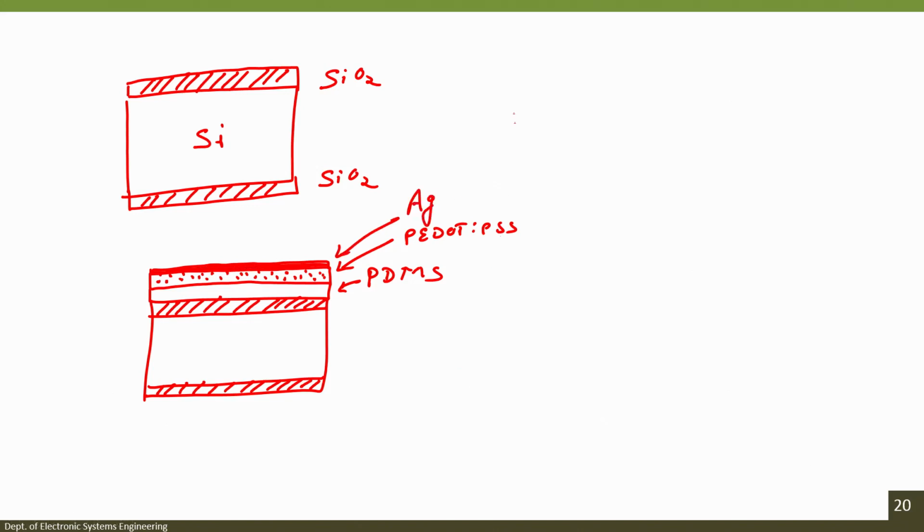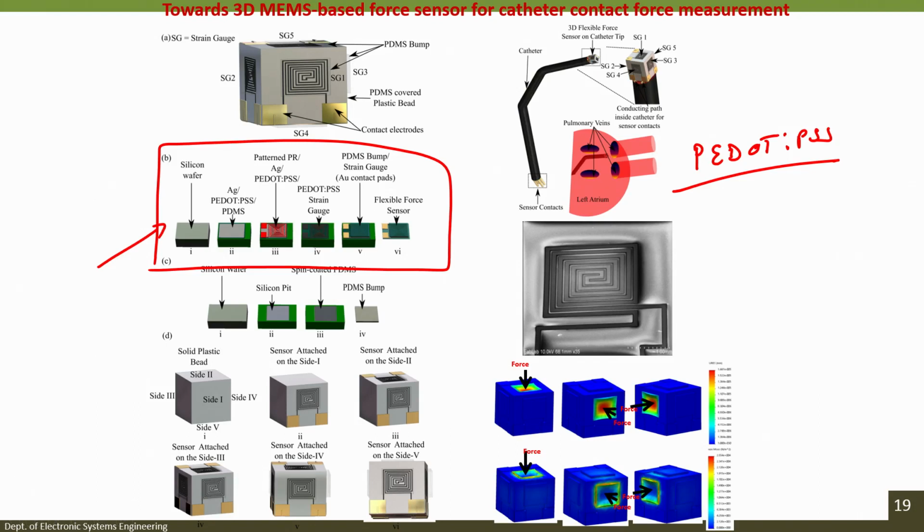So, what we have written is silver over PEDOT:PSS over PDMS. If you go to the slide, you will see that we have written Ag, which is silver, on PEDOT:PSS on PDMS.